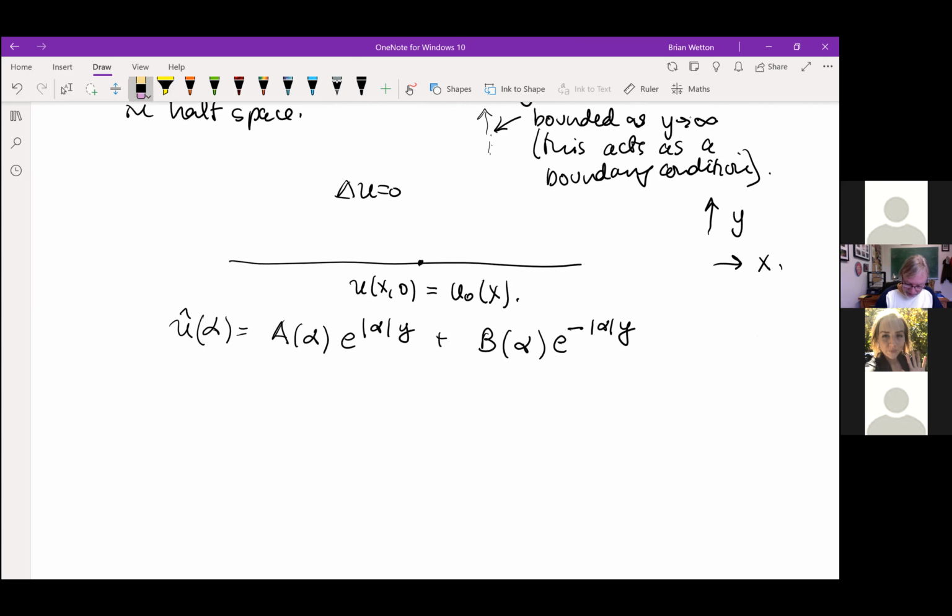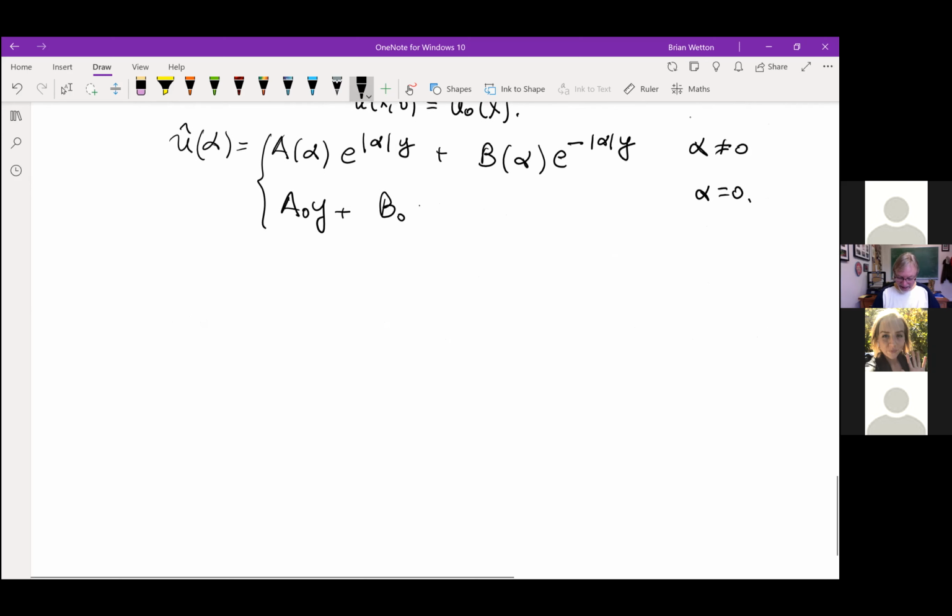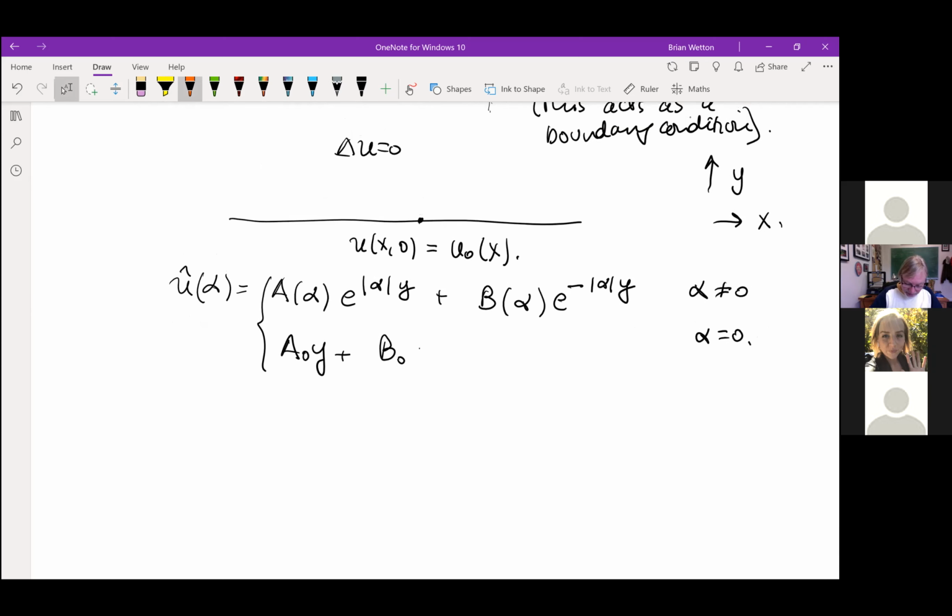Right, okay, and then I've got the A0 plus B0 times, well, let me do it this way, because then it'll make it work out. This is for alpha not 0 and alpha equals 0. Okay, and so the boundedness means that these have to be 0, right?